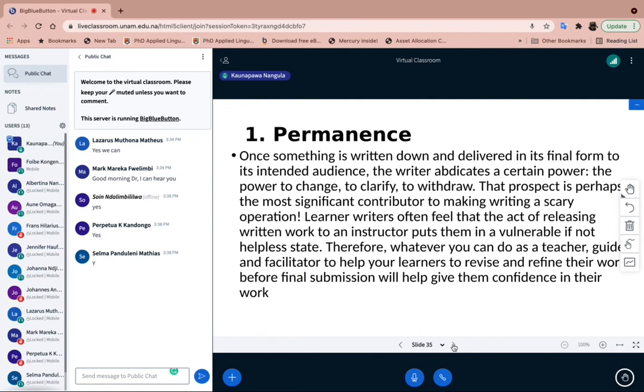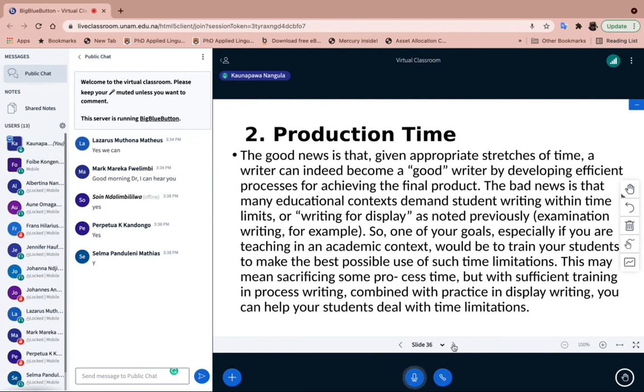And then next, what do we have? Production time. The good news is that given appropriate stretches of time, a writer can indeed become a good writer by developing efficient processes of achieving the final product. But we also have to train our learners to know how to benefit from process writing and also from product writing.